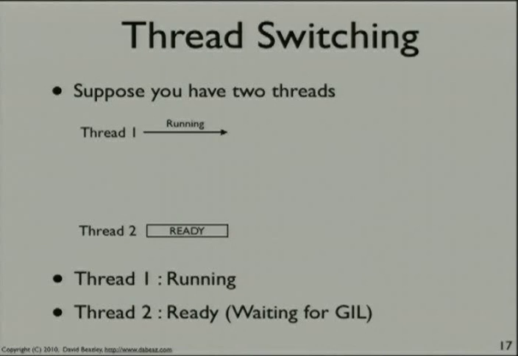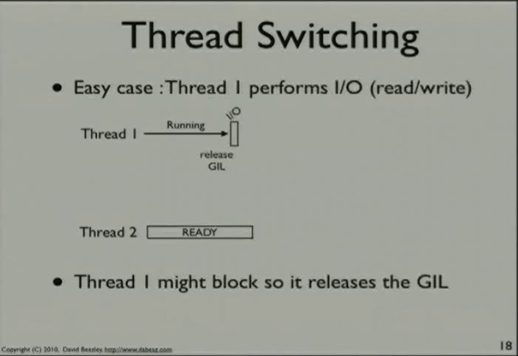And the way that this manifests itself, this is how thread scheduling works in Python. If you run 2 threads, so let's say you have some thread that's just sitting there hammering on the processor, and then you have some other thread that wants to run, but it can't because it needs the GIL. There are 2 different cases that come up. The easy case is that thread 1 just goes away. Like if thread 1 is running and then it has to read off a socket, it will release the GIL and then go to sleep while it waits for data to come in.